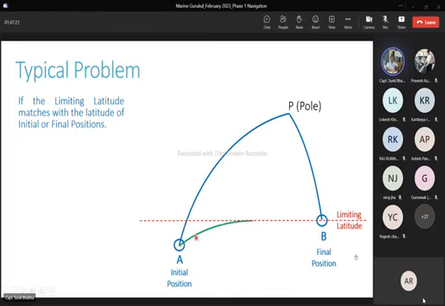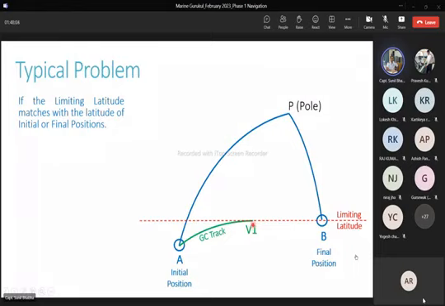So you can see the first great circle track in the plot now. As you can see, it passes through the initial position and it has its vertex on the limiting latitude. So the limiting latitude is the highest latitude where this great circle track would go. Now the point where it meets the limiting latitude is the vertex of this particular track, and as usual, we mark this vertex as V1.